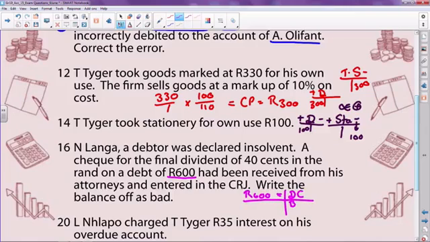So I'm going to say bank and bad debts. And as you can see, the debtor's control will be a full 1 Rand, and the bank will be, then how much did we receive? We received a final dividend of 40 cents, so just a little bit less than half, so 0.40 Rand, and then your bad debts will be 60 cents, and there it is.